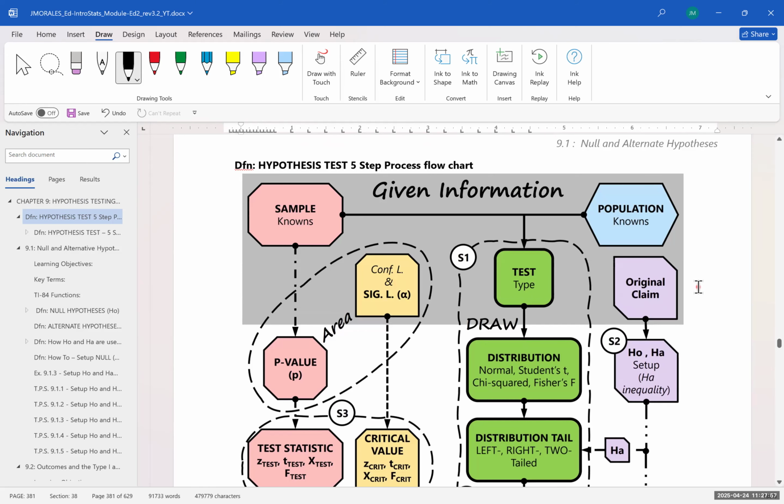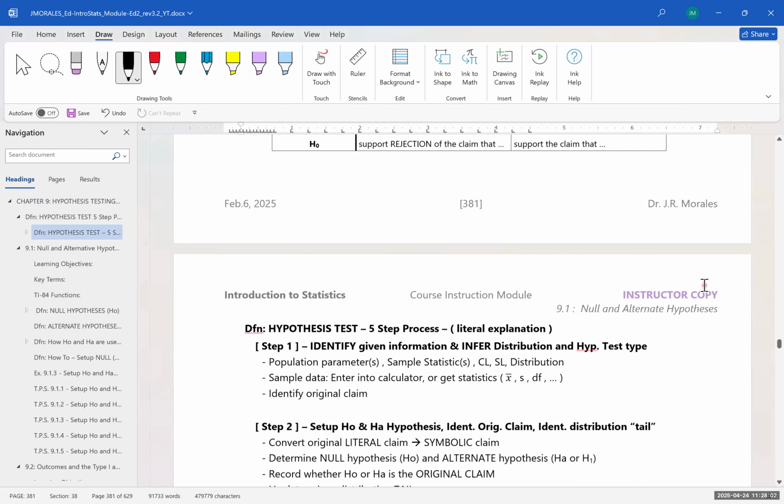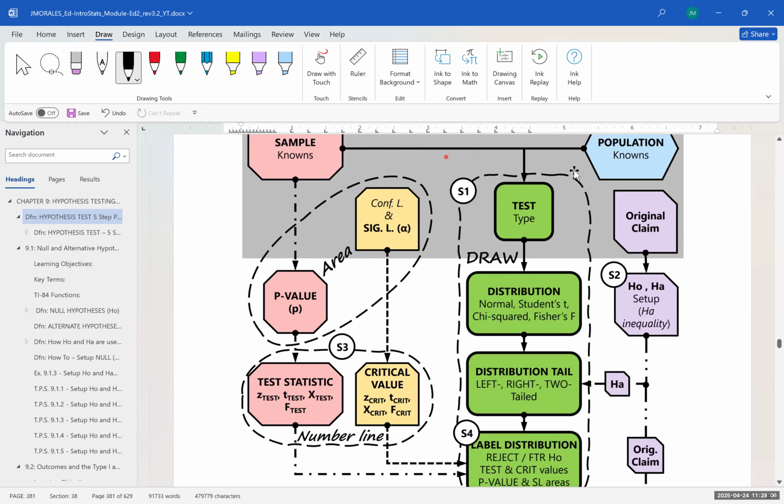So for some of you, this might make more sense, but it can look a little chaotic and a little unruly because it's not necessarily easy to follow as far as going from top to bottom, okay?